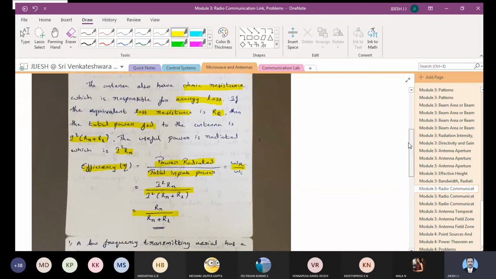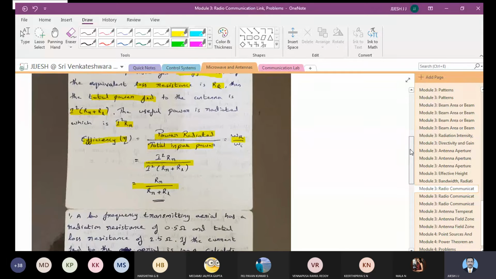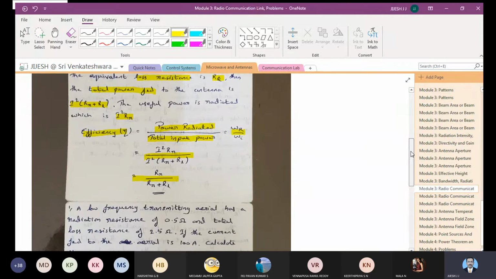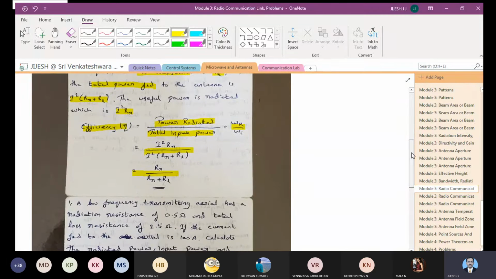Have you all completed this? Okay, fine. Let us do a small problem. By the time, you can make a note of those equations. A low frequency transmitting aerial has a radiation resistance of 0.5 ohm. The total loss resistance is 2.5 ohm.